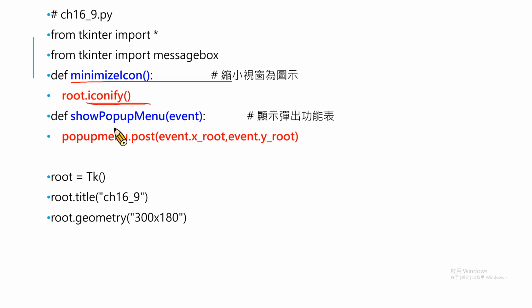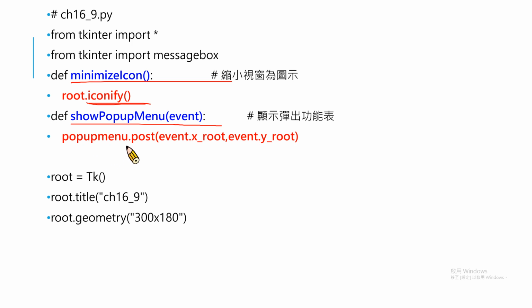So here is the event handler function, and we set the position of the pop-up menu to the position where the event happens, where the right mouse is clicked.